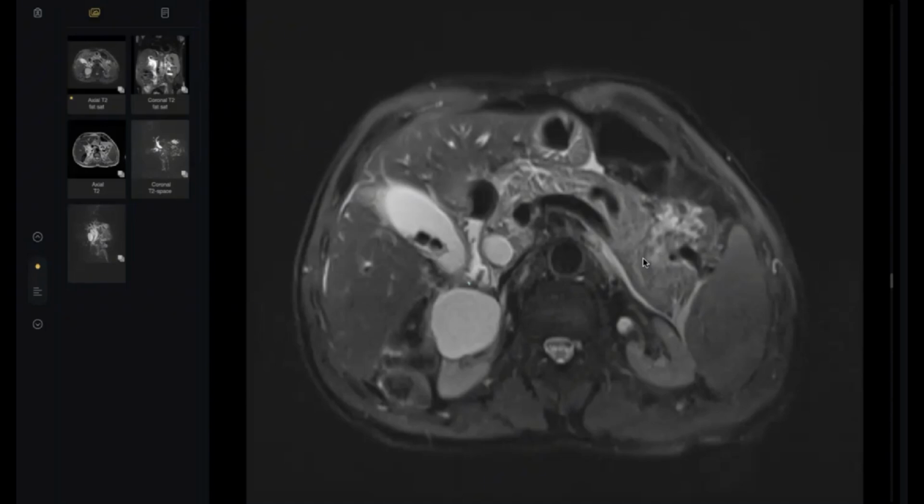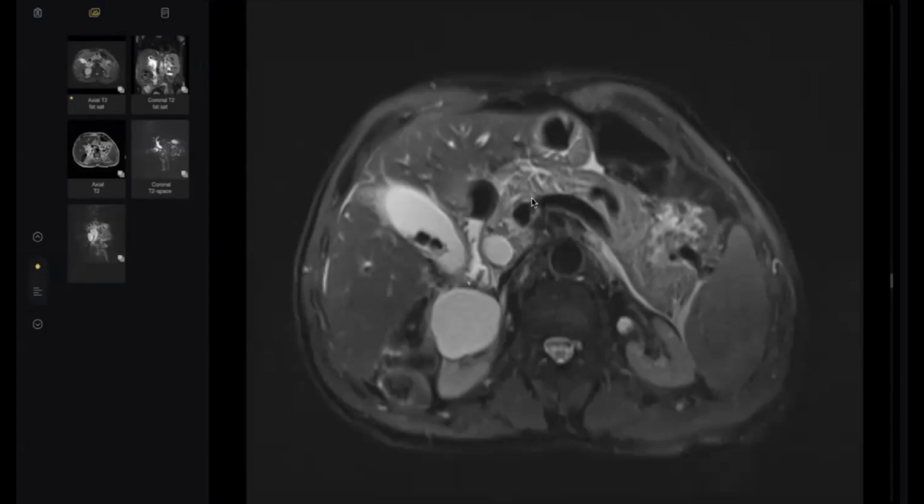The pancreas appears swollen and there is loss of normal lobulation of the pancreas. So what is your final diagnosis? So this could be due to pancreatitis. So this is choledocholithiasis with pancreatitis in this case. Yes, gallbladder stone complicated by pancreatitis.